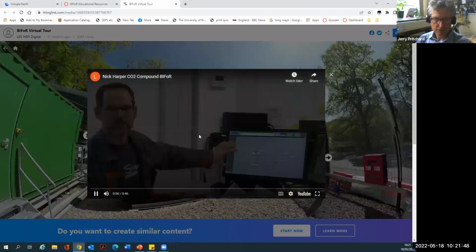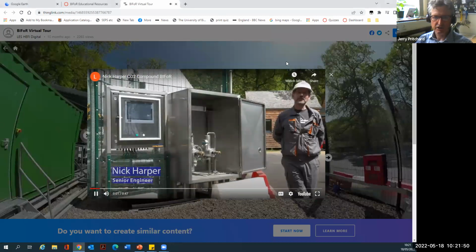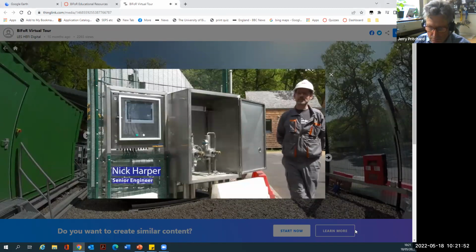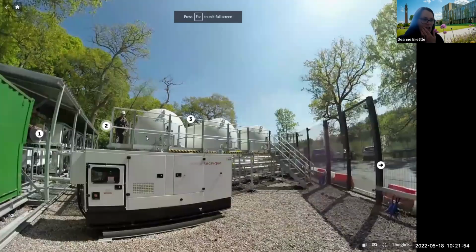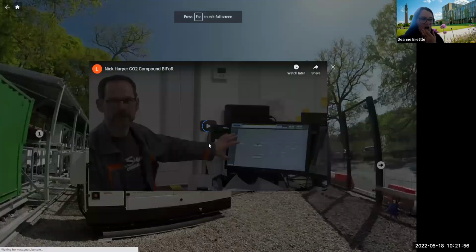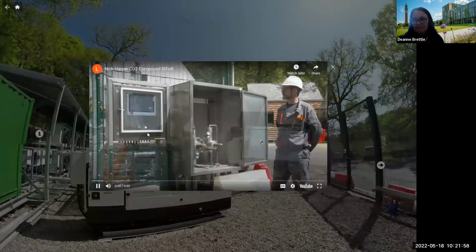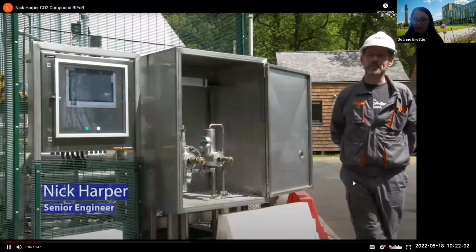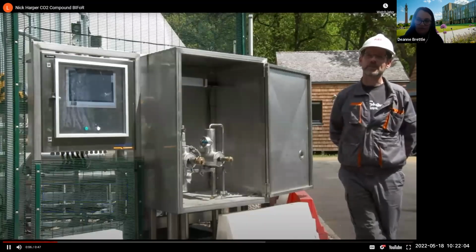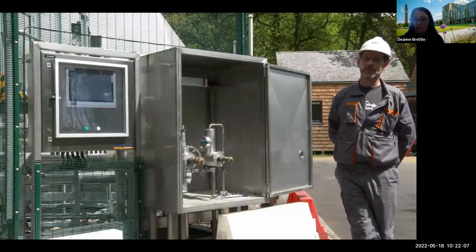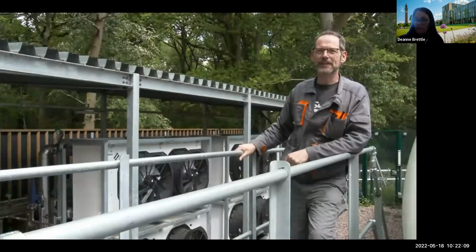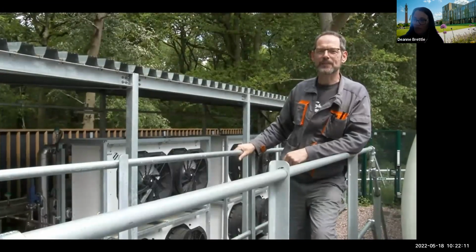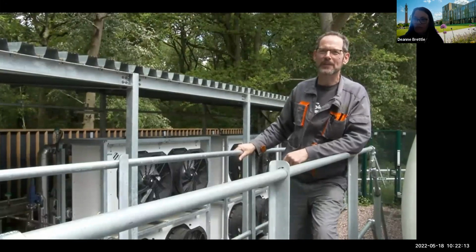The main storage tanks we've got here hold 120 tons, and it's stored at minus 20 degrees centigrade, 20 bar pressure. This carbon dioxide needs to be reduced in pressure before we can send it to the forest.